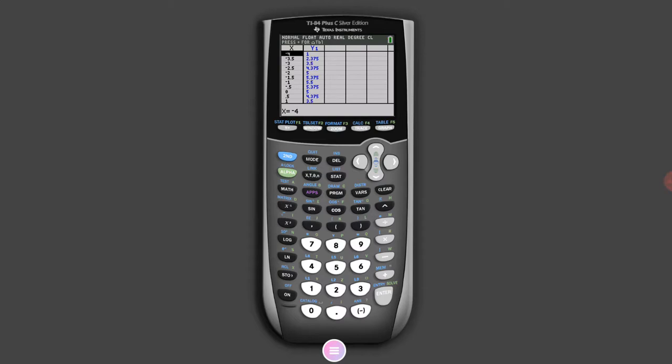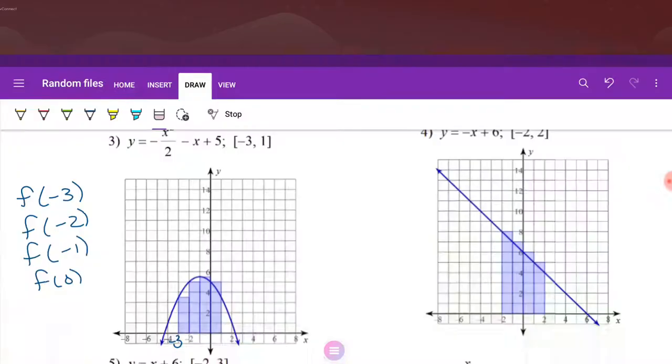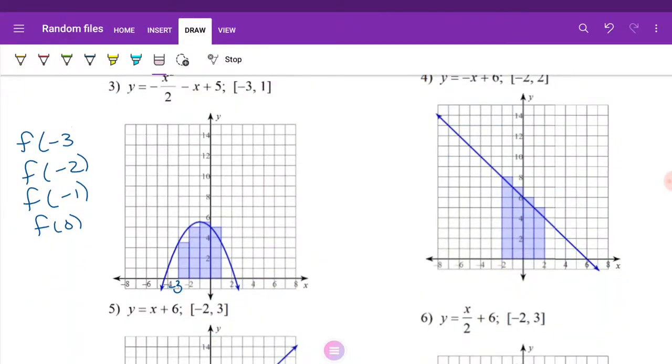When you plug in negative 2, you get 5, etc. So 3.5, 5, 5.5, and 5 again. So that's how tall the boxes are.